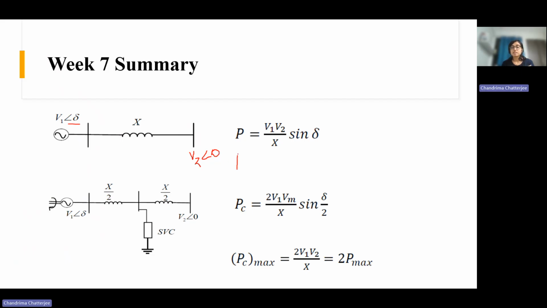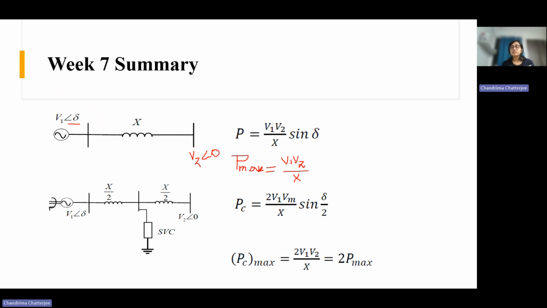So P max is equal to V1 V2 by X. This is the maximum power without any compensation. There is no compensator attached to the line.